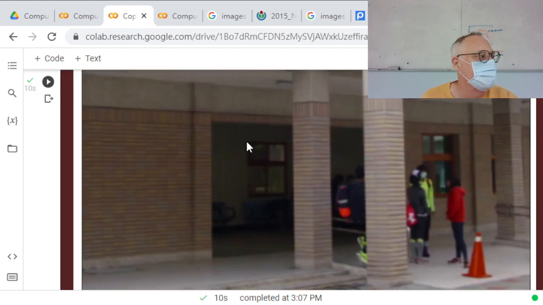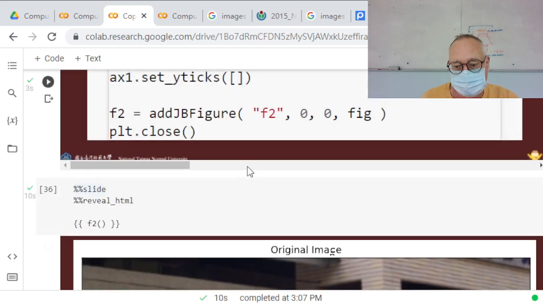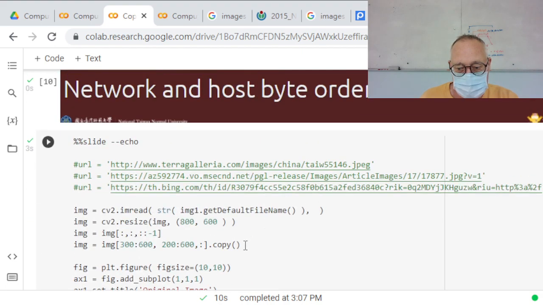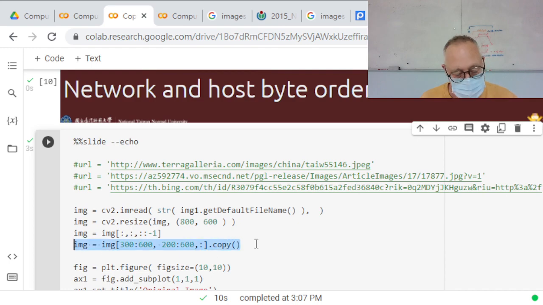Right, so now I just zoomed in on part of the image. I want to do that for the rest of the images too.